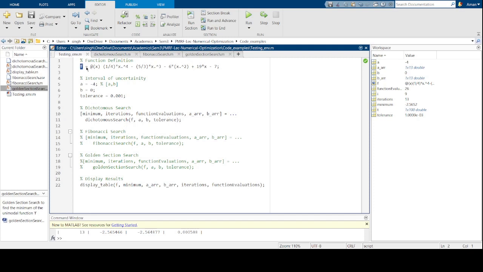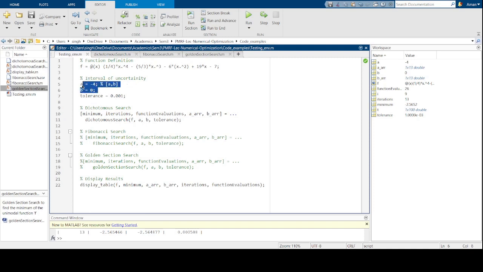Here is the function definition: a polynomial in one variable, 1 by 4 x to the power 4 minus 5 by 3 x cube minus 6x square plus 19x minus 7. Its minimum occurs somewhere around minus 2.56, which we will try to find.